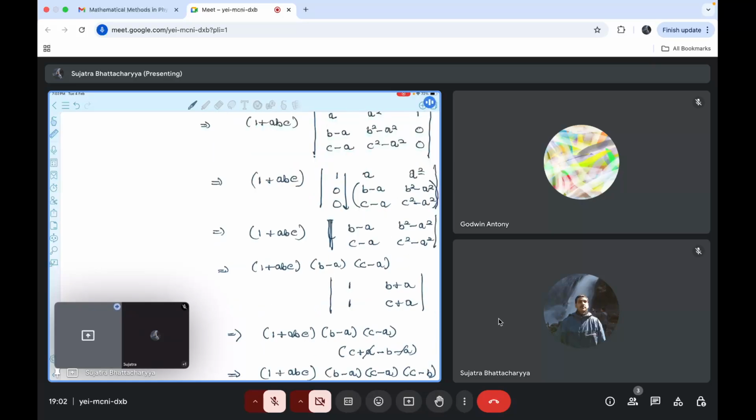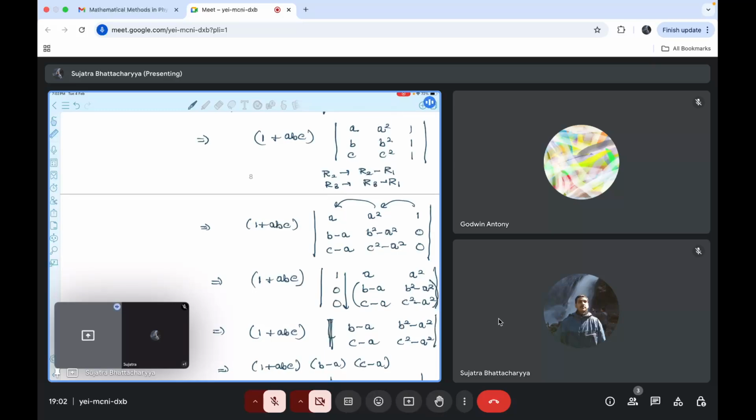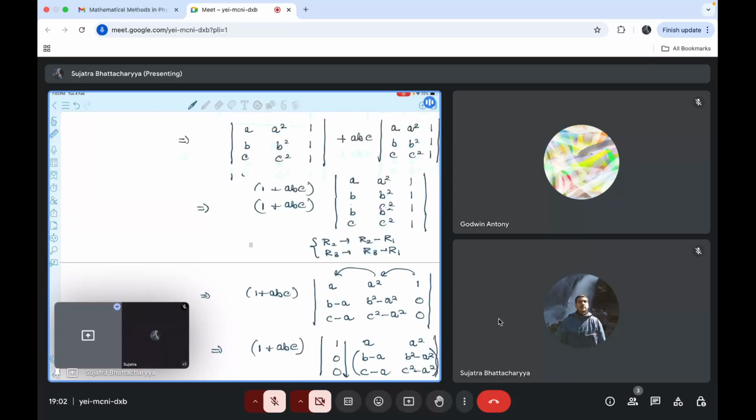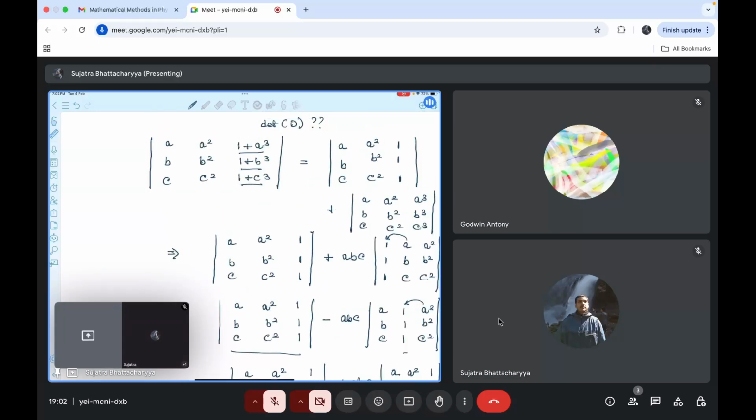So we have used so many properties. We have exchanged the rows or columns whenever we require by just multiplying a negative sign. Number two is that we have taken the factor common from a particular row or from a particular column. We have used the row reduction kind of a thing, row operations. These are the properties which one can use, right?